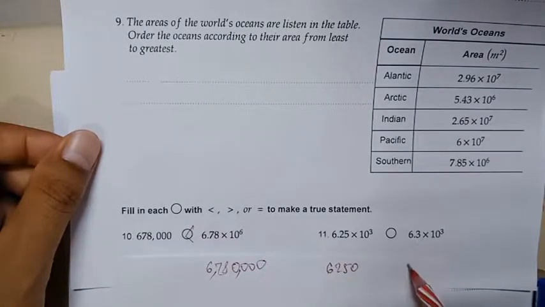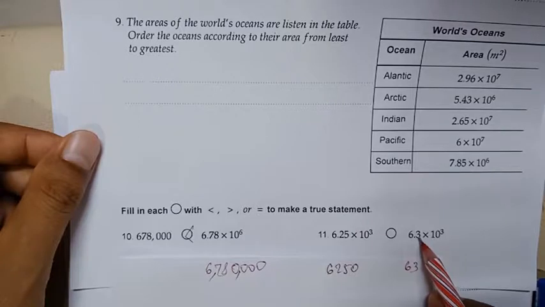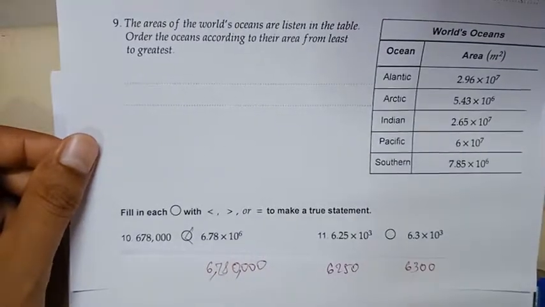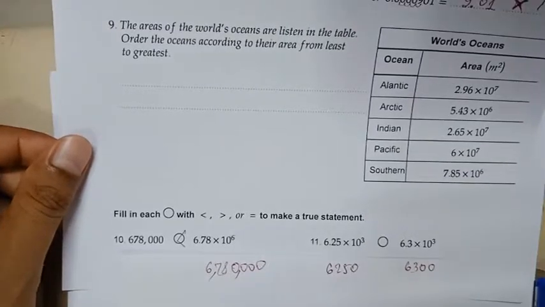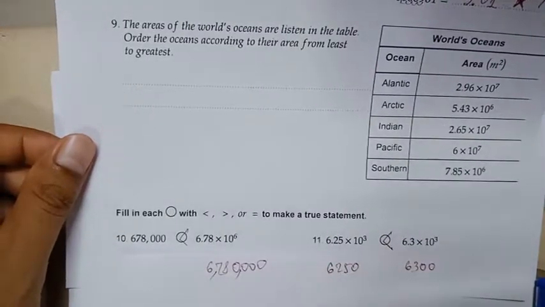This one, 63. You have 3 zeros. You have 1 minus 1 zero. You have 2 more zeros remaining. Okay, so now you see clearly which one is bigger. This is bigger. Alright, that's all for this section.